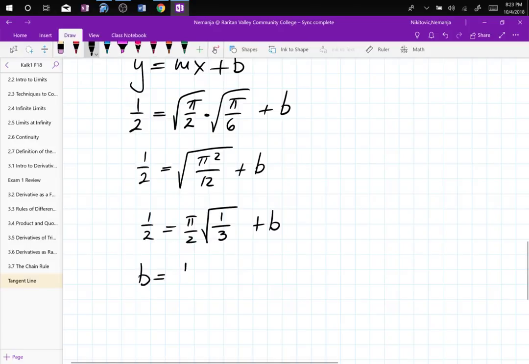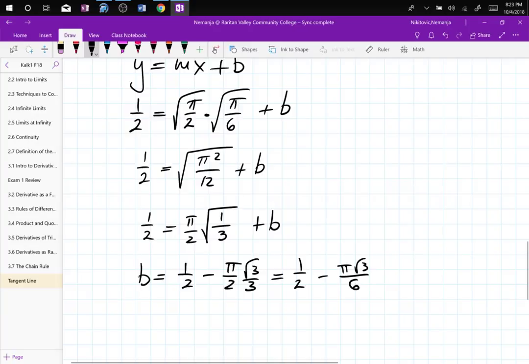So b is equal to 1/2 minus pi over 2. And now this is going to be root 3 over 3 because I rationalized it in my head. You can go check. Minus pi root 3 over 6.